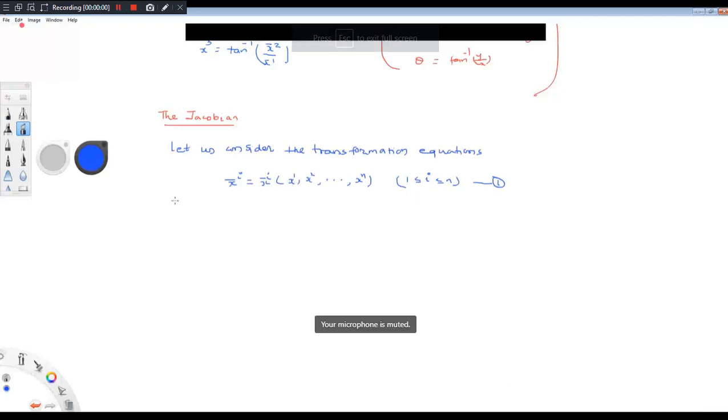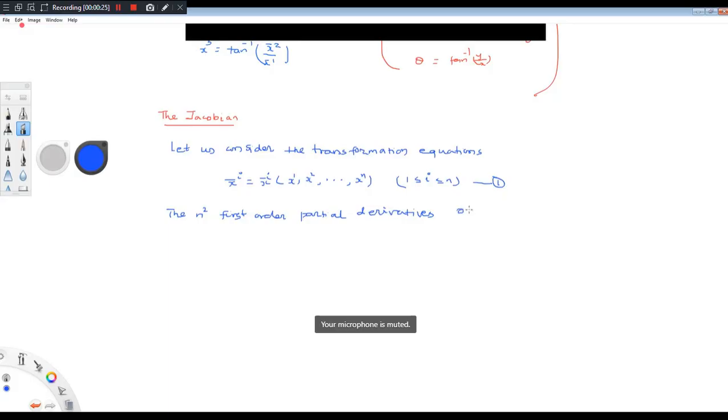The n square first order partial derivatives. What kind of partial derivative?